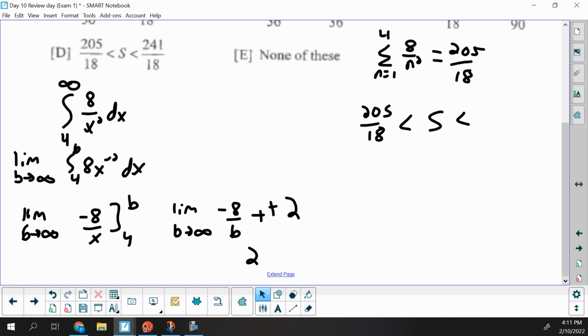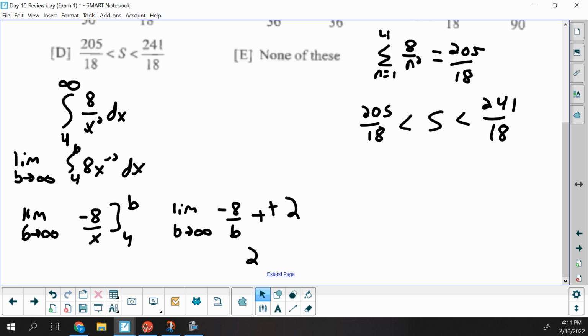So what this tells us is the fourth partial sum is definitely within 2 of the infinite sum. Or in other words, if we added 2 to the fourth partial sum, we're guaranteed it's greater than the infinite sum. So we're going to add 2, or in other words, 36/18 to the fourth partial sum, and that would give us 241/18.